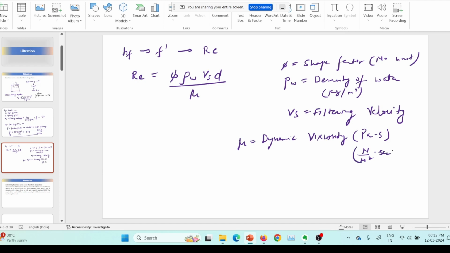And d is the diameter of particle in the filter medium. Phi is the shape factor which we studied in the last class. In general, the phi value will range from 0.75 to 0.85.